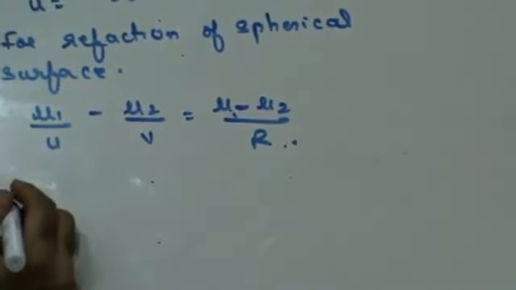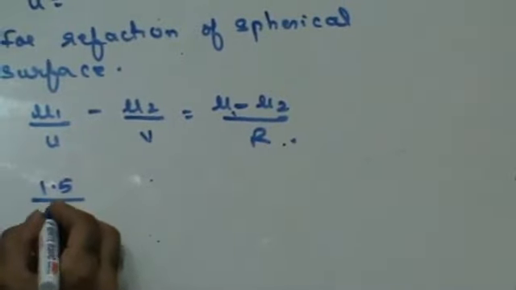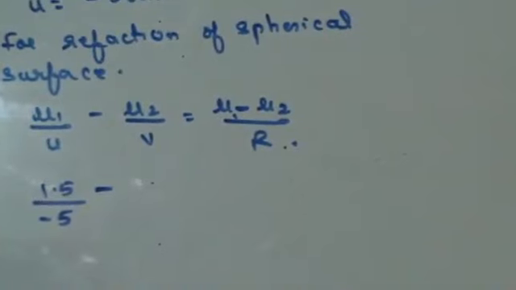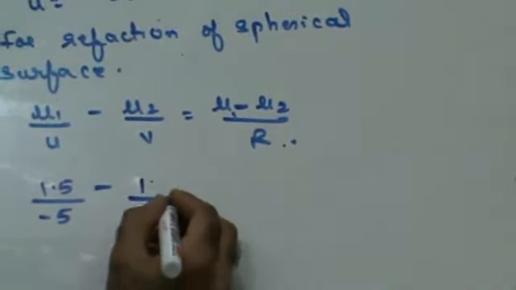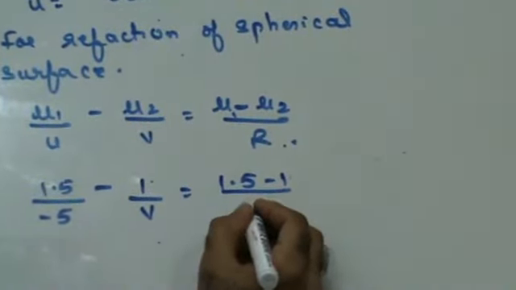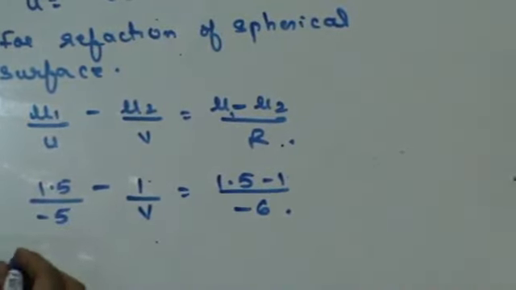Now, mu1, refractive index of glass, is 1.5. U is minus 5 centimeters. Mu2, where's my eye? Eye is in air. Refractive index of air is 1. Upon V is 1.5 minus 1 upon R. Radius is given to you as minus 6.